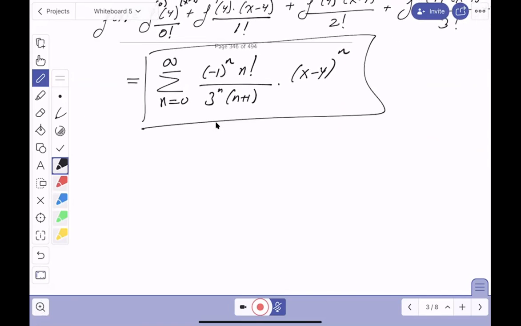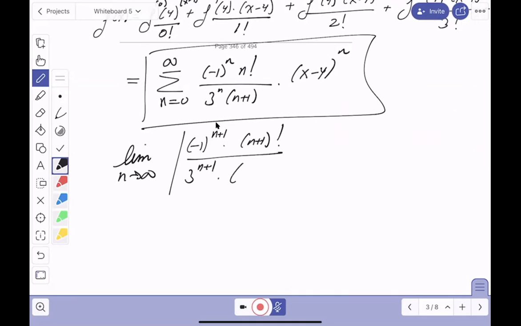Limit as n goes to infinity, absolute value, (minus 1) to the n plus 1, n plus 1 factorial, over 3 to the n plus 1 times n plus 2. Well, that's not so bad. Times (x minus 4) to the n plus 1.